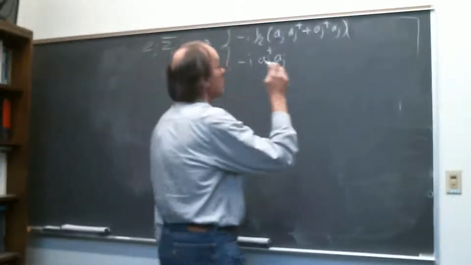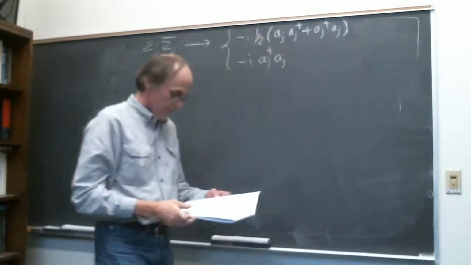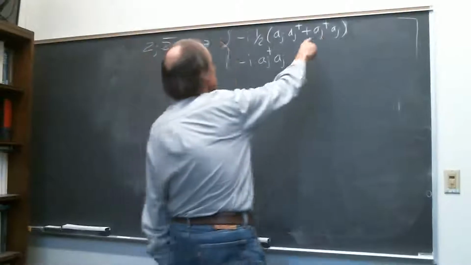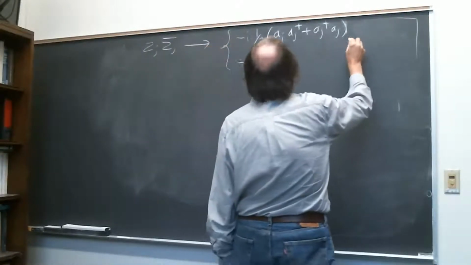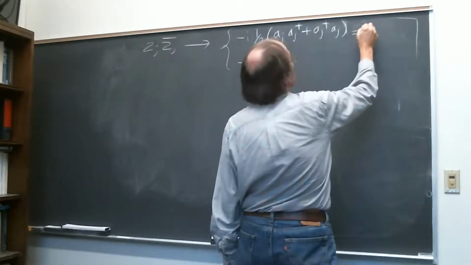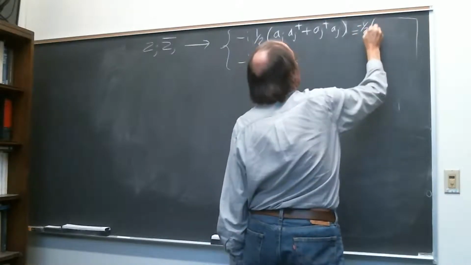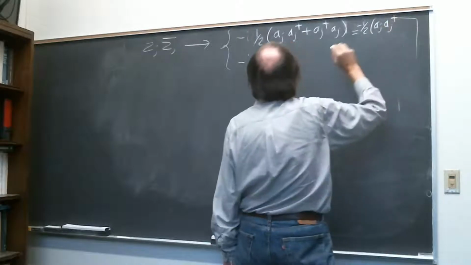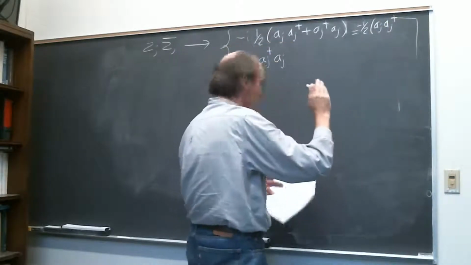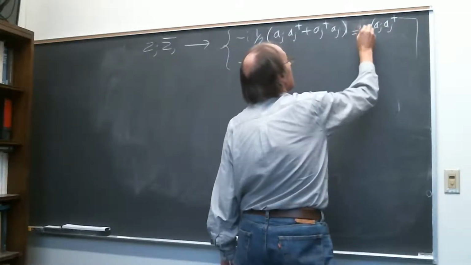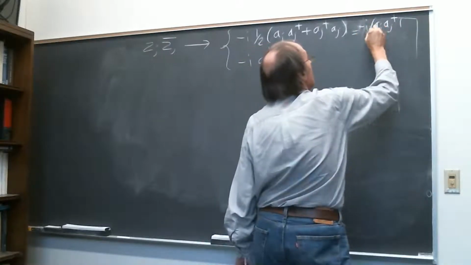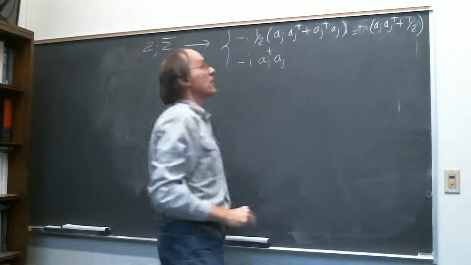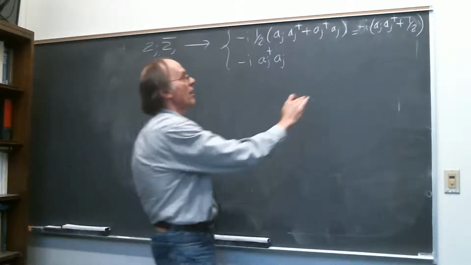These are the possibilities. This guy is the same as minus 2 aj dagger. Oh no, wait a minute, sorry, plus. You can use the commutation relations to show it the other way around.